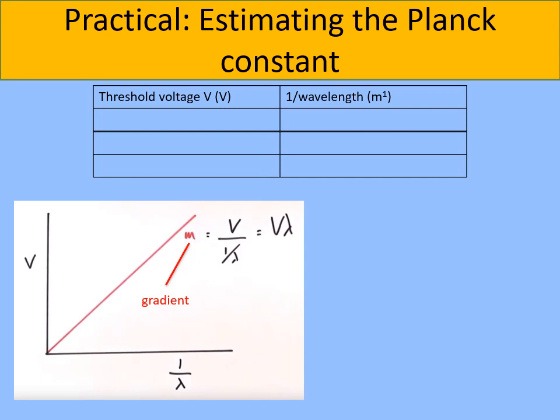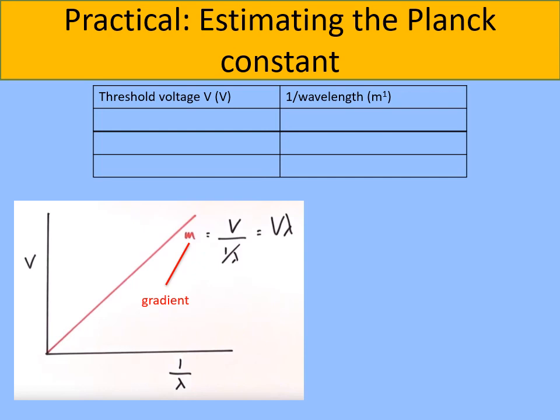But the most important thing we need to record is 1 over the wavelength. Then we plot a graph of the threshold voltage against 1 over the wavelength, and we should end up with a straight line through the origin.